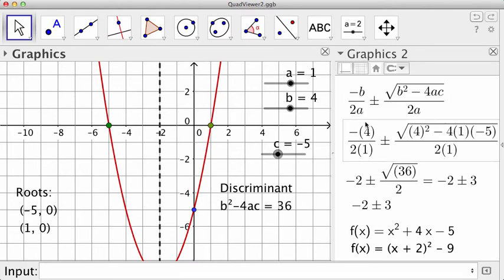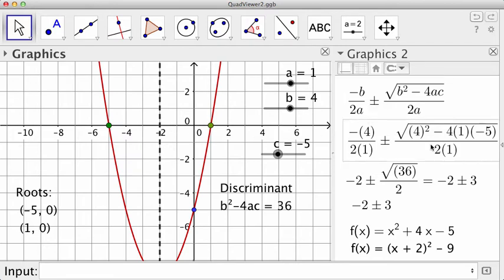Notice we also have our quadratic formula here, which again is composed of negative b over 2a, which gives us the x value of our vertex as well as the x value of our axis of symmetry, or negative 2. This over here gives us what we have to add or subtract from the axis of symmetry to get to our two roots.